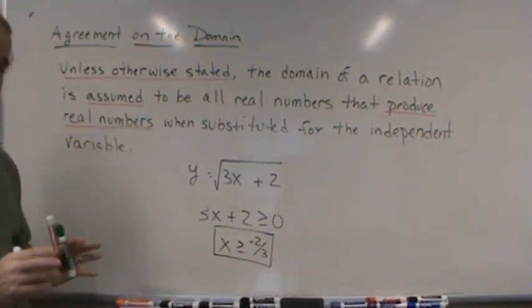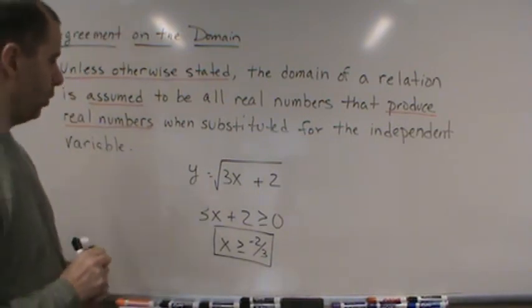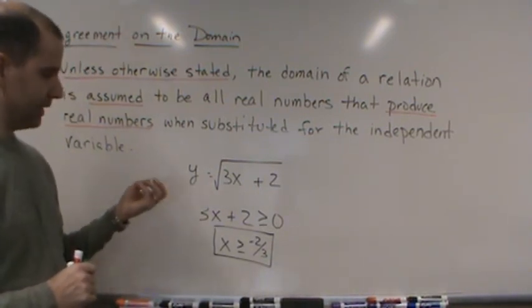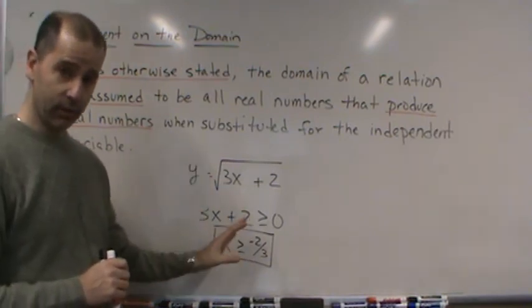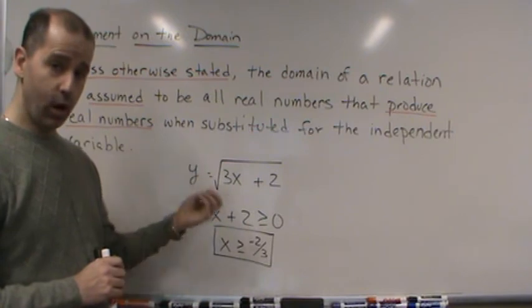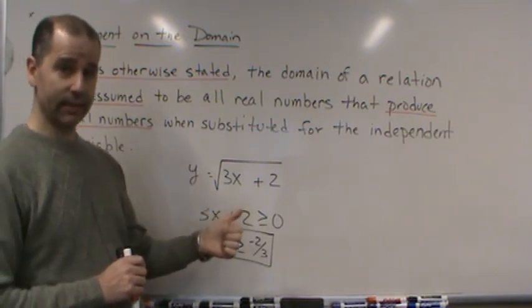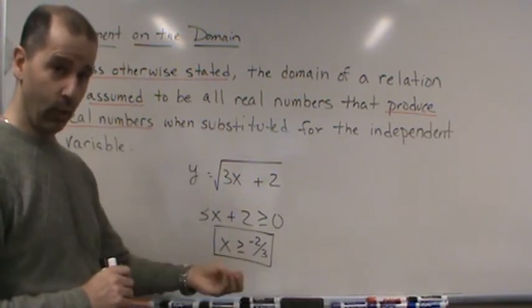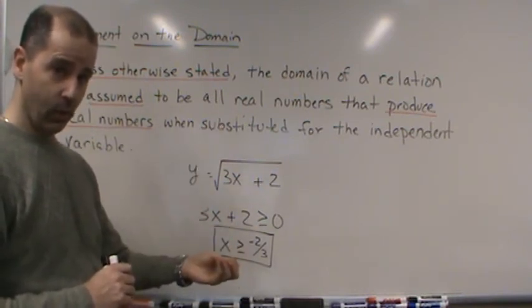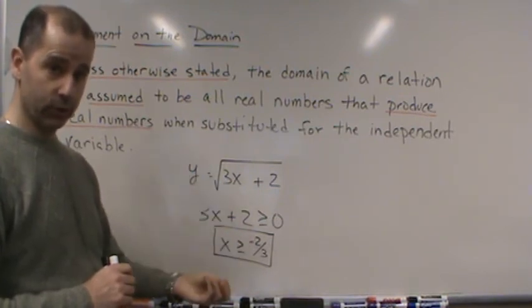So that leads to the general application of this. The takeaway is, in general, the domain of a relation is all real numbers except any values of x that lead to either a 0 in the denominator, if you're talking about a rational expression, or a negative number under an even root.